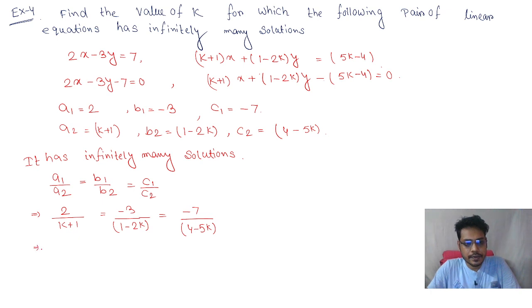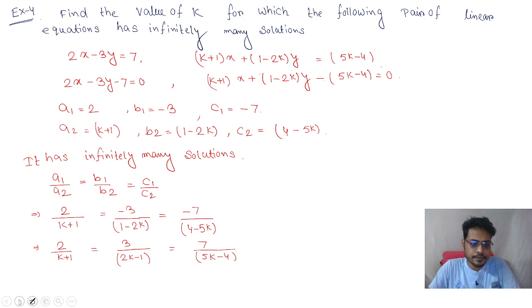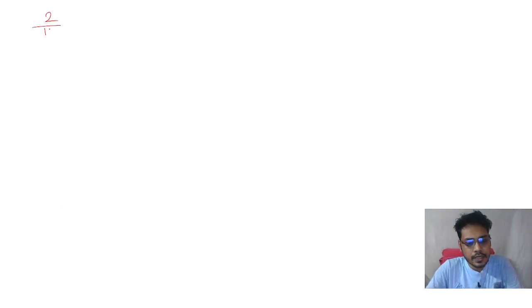Now here we can say 2 by (k plus 1) is equal to 3 by (2k minus 1), if you take minus common, is equal to 7 by (5k minus 4). These are equal. Now first we can say that 2 by (k plus 1) is equal to 3 by (2k minus 1). This is first. And the second, we can say 3 by (2k minus 1) is equal to 7 by (5k minus 4).